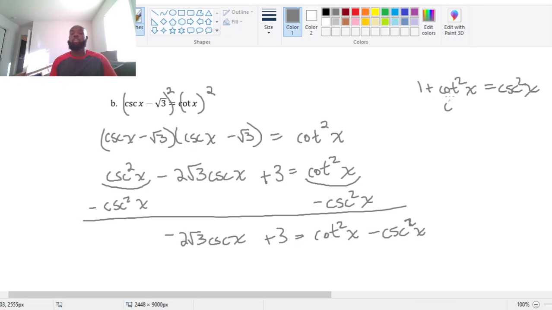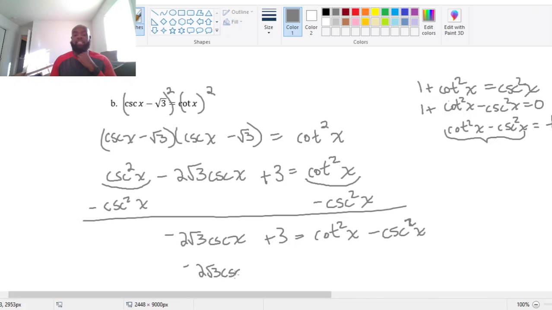Now, if I look at this equation here, if I get cotangent and cosecant on one side where I have cotangent squared minus cosecant squared, I can get 1 plus cotangent squared of x minus cosecant squared of x equals 0. Subtract 1 from both sides of this identity, we get negative 1. And so wherever I see a cotangent squared minus cosecant squared, I can replace it with negative 1.